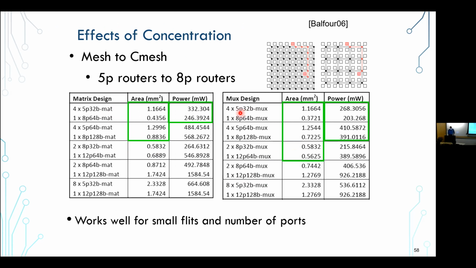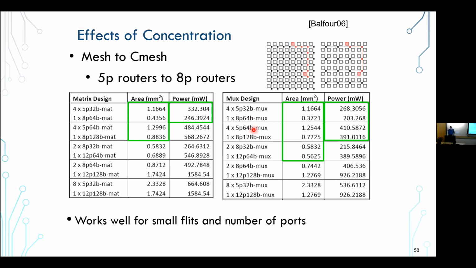You're going from 5-port to 8-port. So you see that with 8-port, your overall area is 0.37. The overall area of the 5-port is 1.16. So you would obviously in this situation choose the 8-port, right?